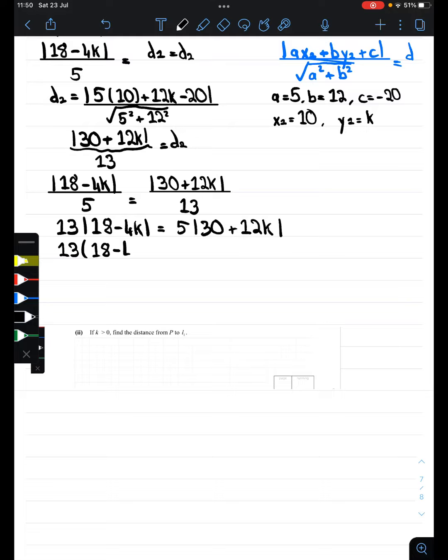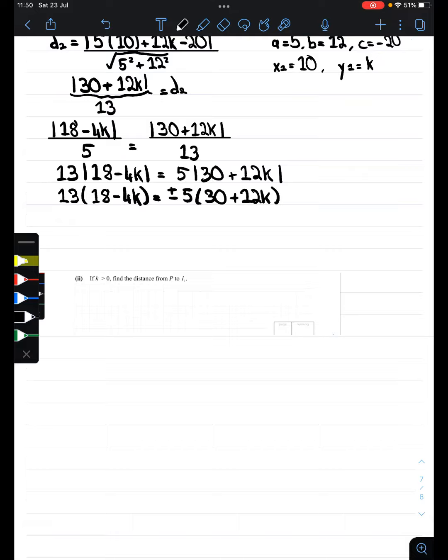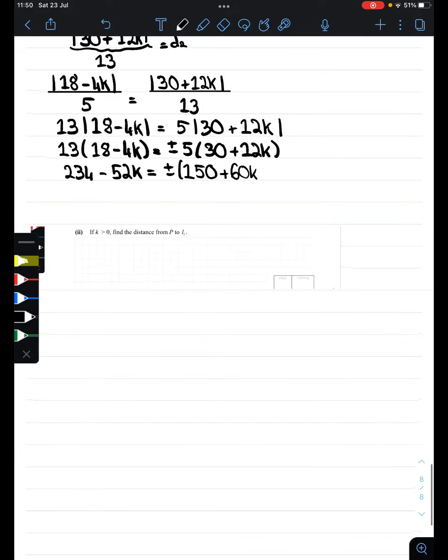So 13 by 18 minus 4k equals plus minus 5 by 30 plus 12k. All right, so then if we multiply this in, this is 234 minus 52k equals plus minus 150 plus 60k.